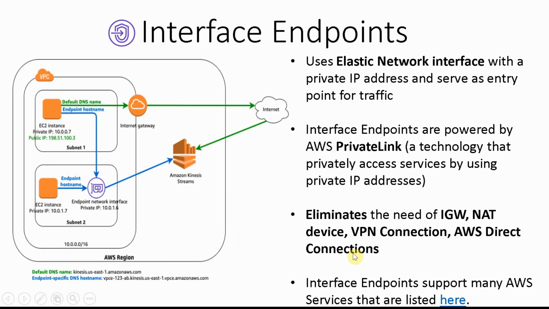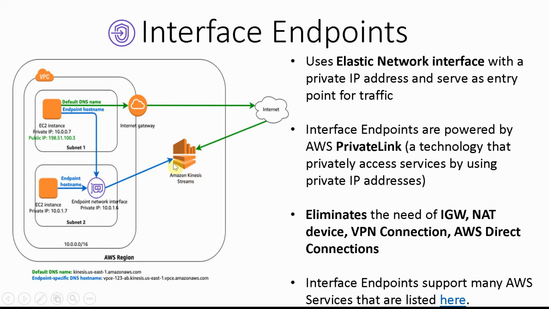Then we also discussed interface endpoints, where something called ENI, the Elastic Network Interface, plays a major role. This acts as a network interface point. Let's say an EC2 instance in a subnet wants to talk to Kinesis, another product of AWS.